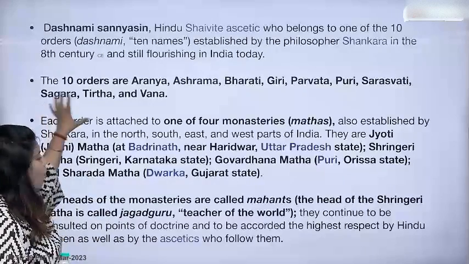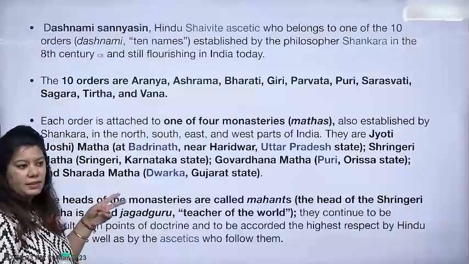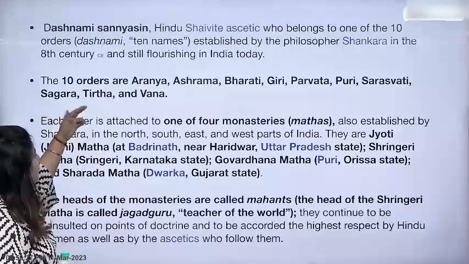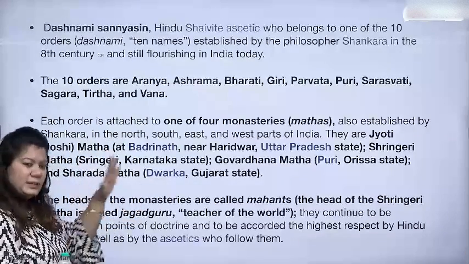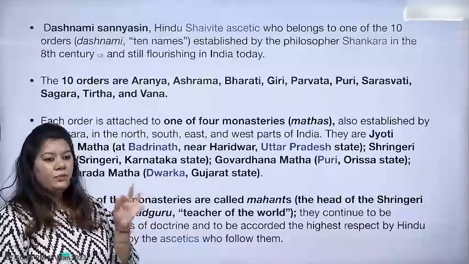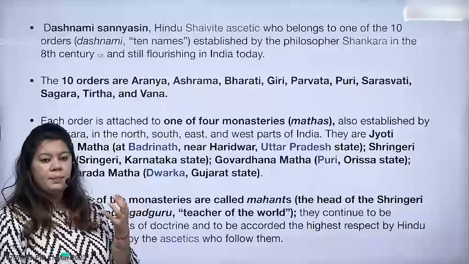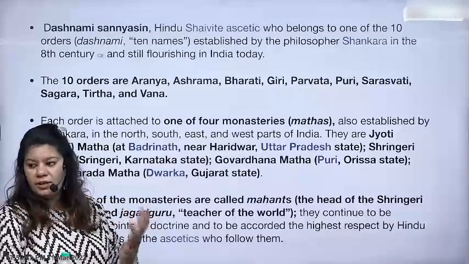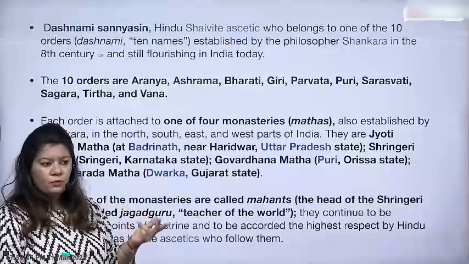So each order is attached to the 4 mutts he has set up or established, right? So probably Aranya is attached to Jyotirmat, right? So it's like that. So Dasnami Sampradaya, you just have to remember that it was the establishment of 10 orders or rules of order set up by Adi Shankaracharya, which were affiliated to one of the 4 mutts. Okay?